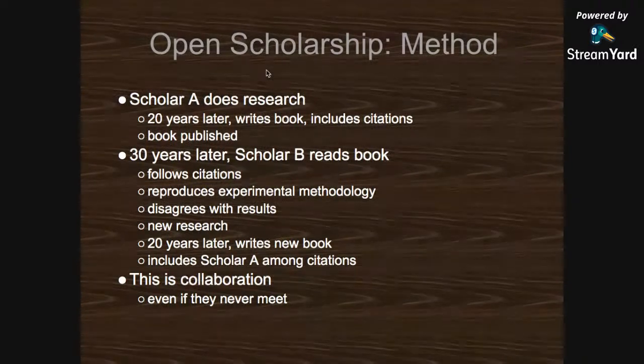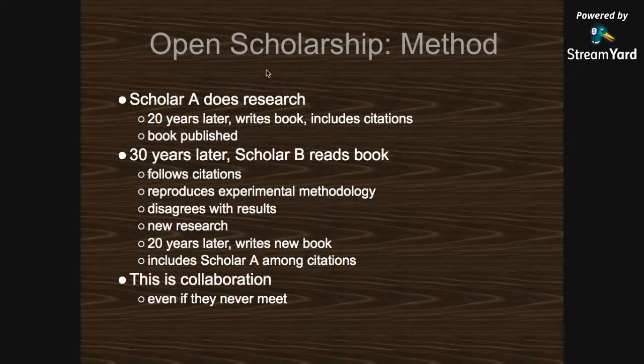That scholar then retires, dies, whatever. 30 years later, another scholar finds that book and follows the citations, reproduces some of the arguments in it, disagrees with the results or wants to build on those results, does new research, and some years later writes another book, which includes the first scholar's book in its citations. Those two scholars have therefore collaborated, even though one of them was dead before the other one started the work. Right? This is what we call asynchronous collaboration.